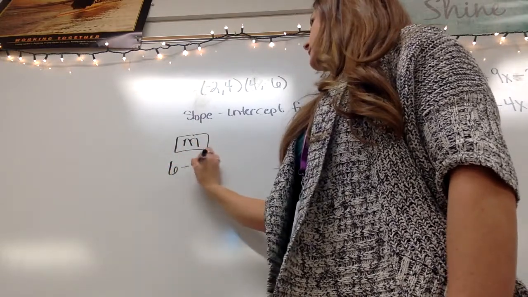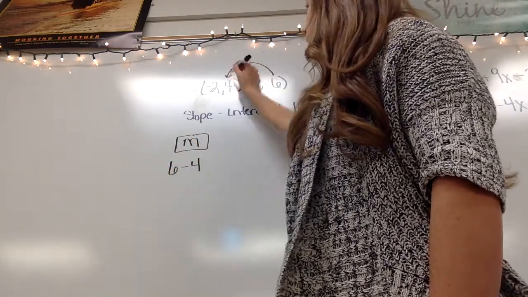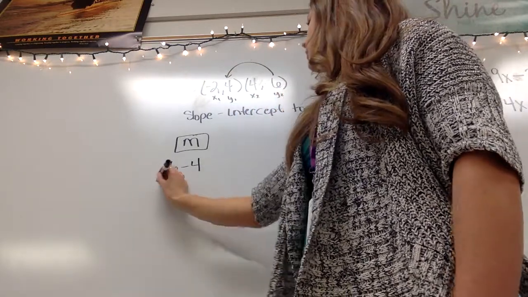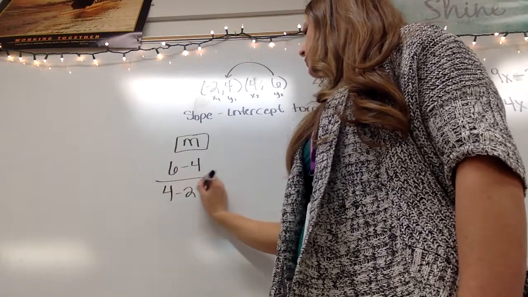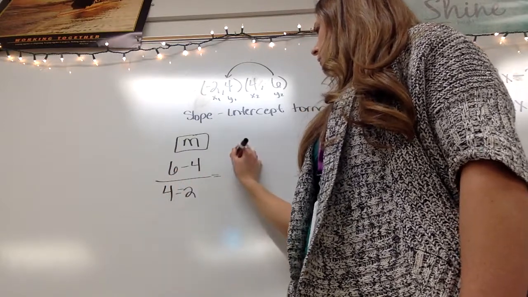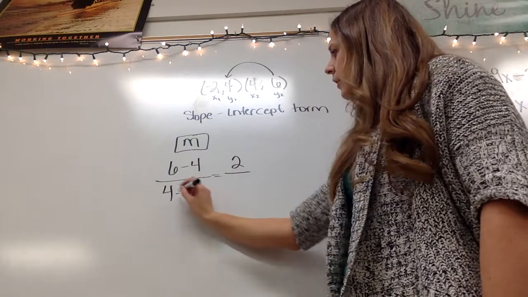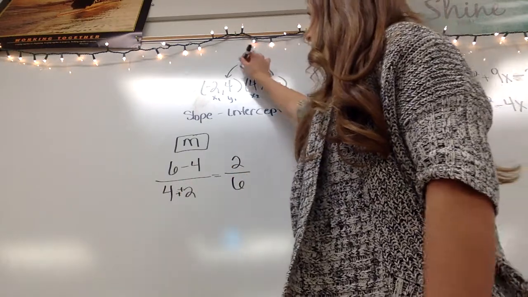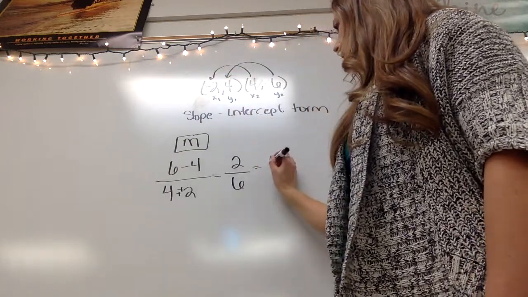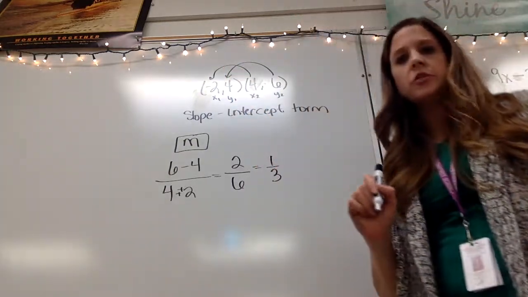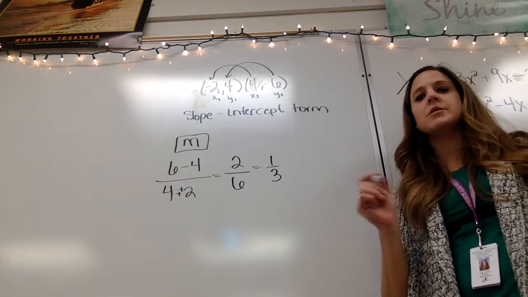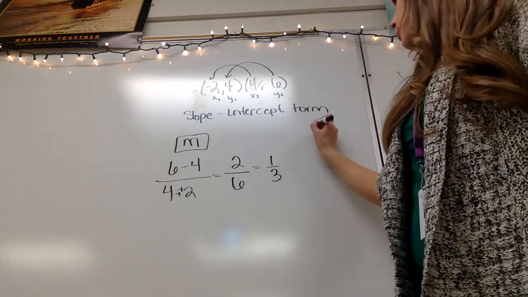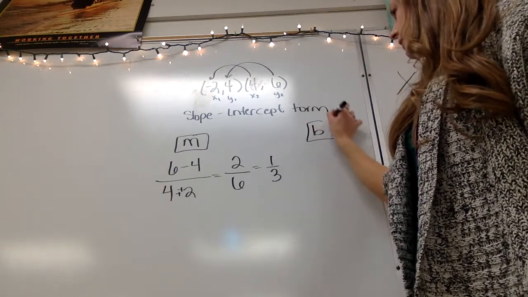So in our case, it's 6 minus 4 over 4 minus -2. 6 minus 4 over 6 equals 1/3. So sure, a fraction. Not a horrible fraction, but it's a fraction. So we're going to end up with 1/3 as our slope. Now we do work to find our b.